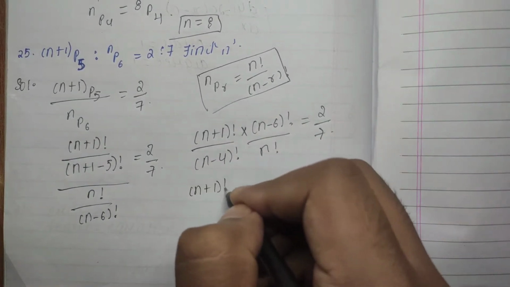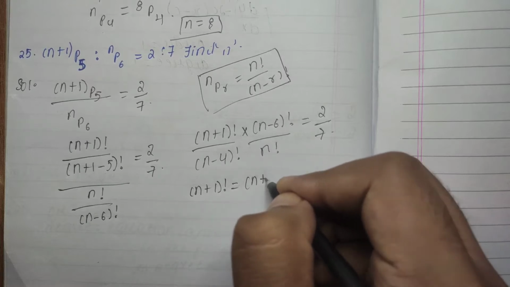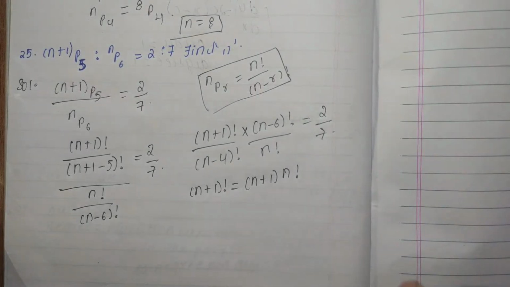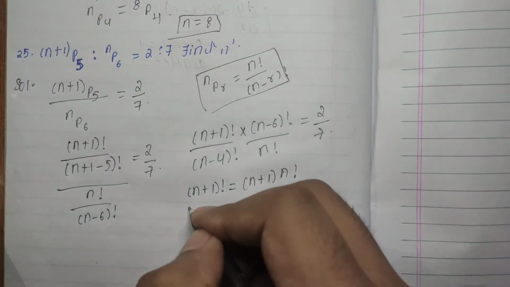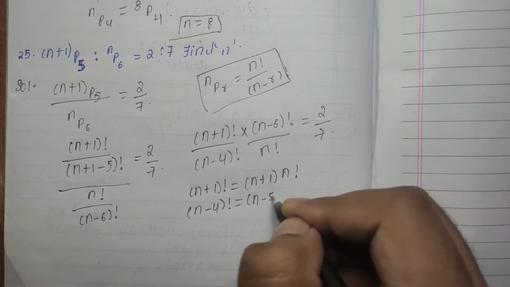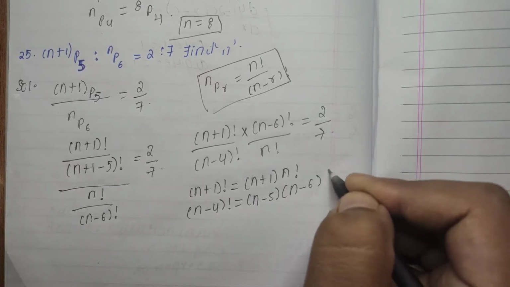(n+1) factorial can be written as (n+1) into n factorial, and (n minus 4) factorial can be written as (n minus 4) into (n minus 5) into (n minus 6) factorial.